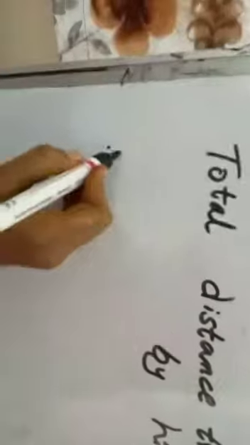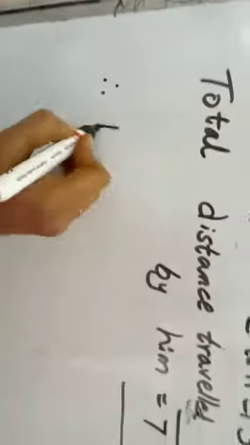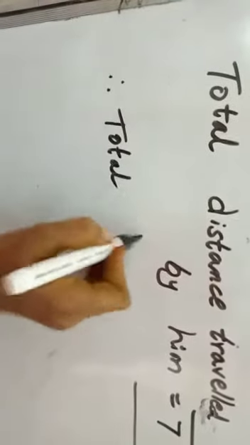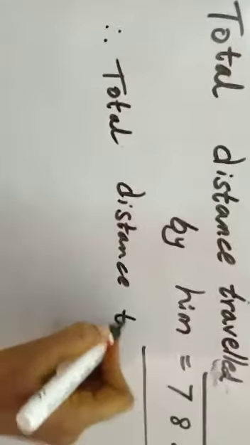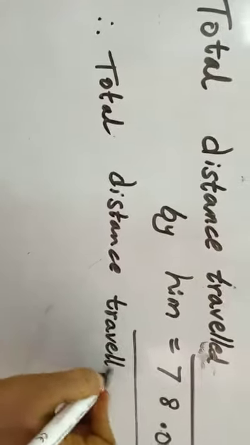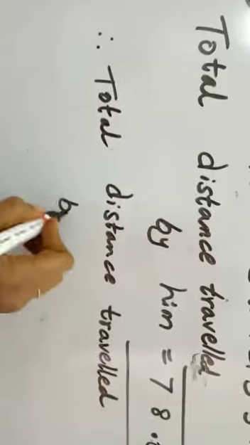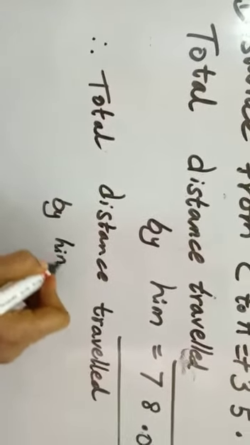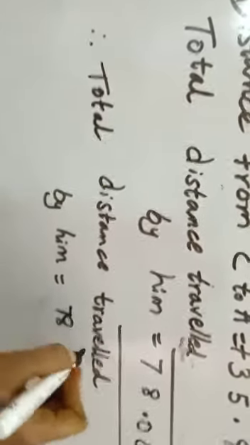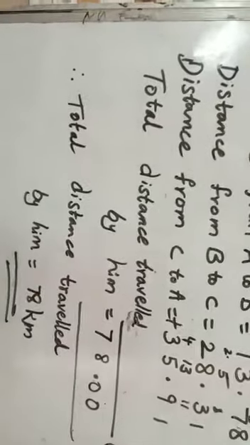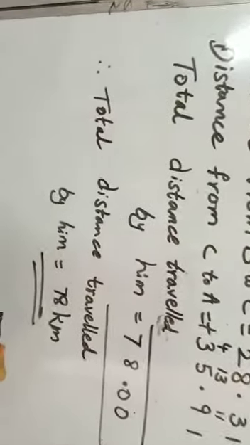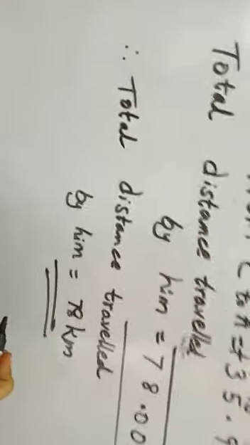So therefore total distance traveled by him is equal to 78 kilometers. How much distance traveled by him? 78 kilometers. Okay. Now the next one.